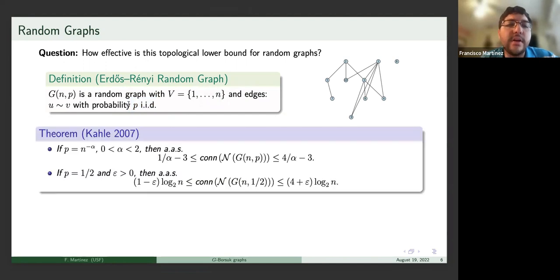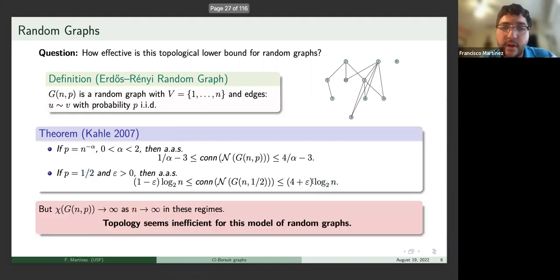What Matthew Kahle was able to prove is that the connectivity of the neighborhood complex of these Erdős–Rényi random graphs, for some parameters p, is bounded above by a constant. And if the parameter is 1/2, it is bounded above by a logarithmic function of n.